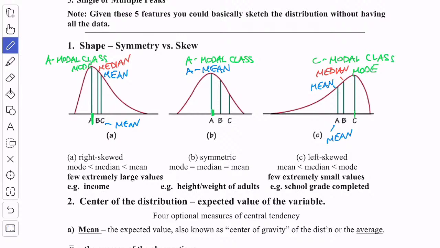But it turns out when a distribution is symmetric, the mode, mean, and median are all the same thing. So when a distribution is symmetric, it doesn't matter which one you use, but the convention is to use the mean. Okay, so they should be roughly the same in your calculations.